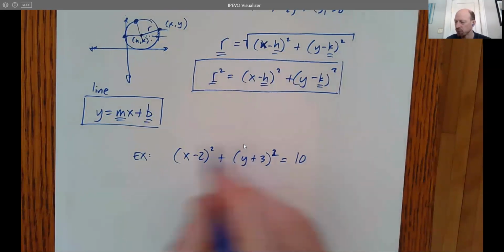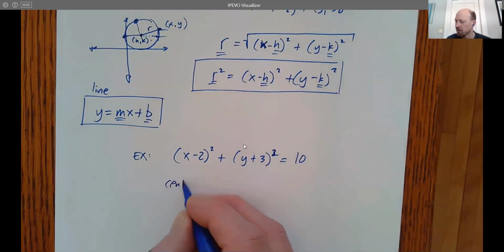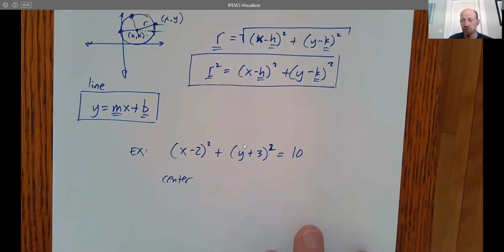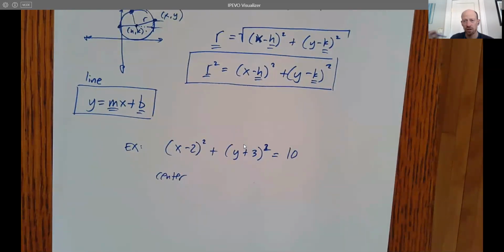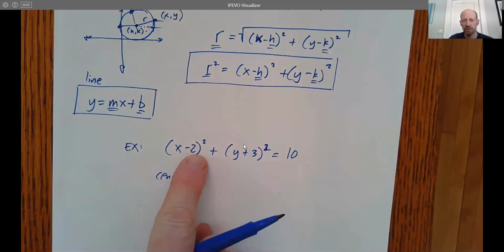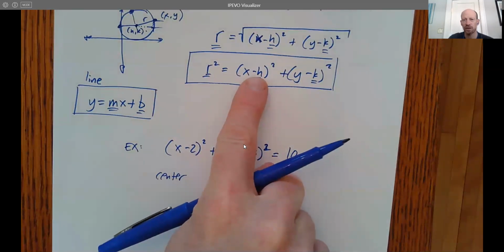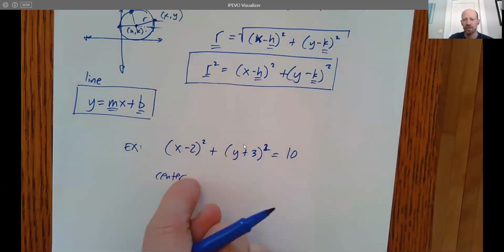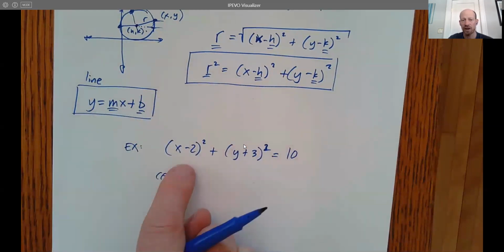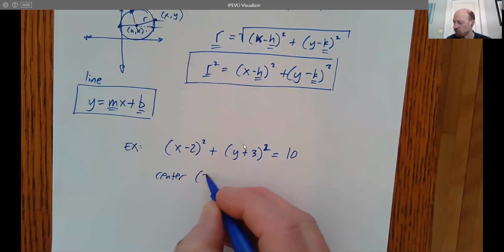I can tell you just from looking at this that the solutions fall in a circle, and the center is going to be the opposite values. If it's x minus h, the center is at h, so for x minus 2, the center is at 2.